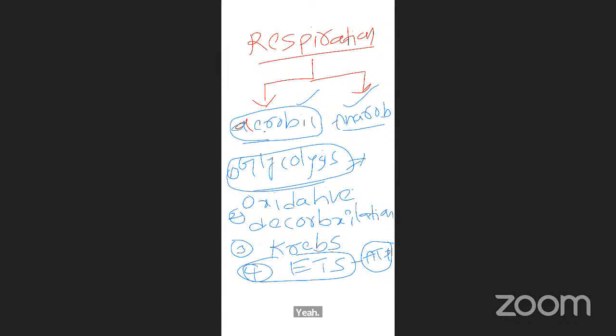Animals have a special respiratory organ and respiratory system also. Plants and animals both belong to eukaryotes. What is the difference?